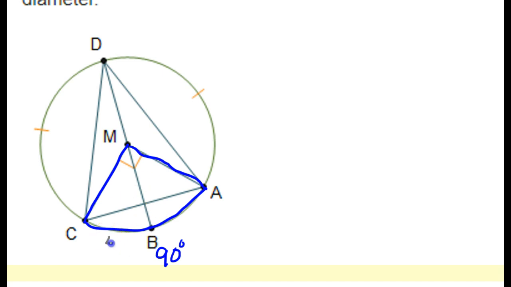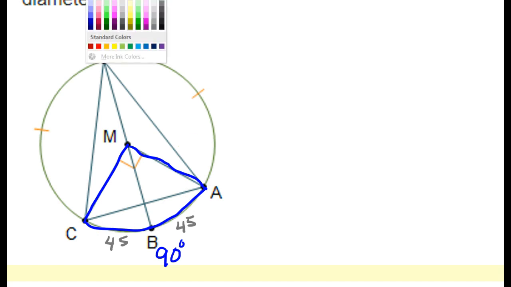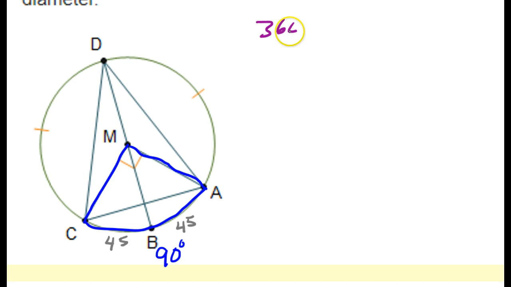So that tells me that this is going to be 45 degrees and this is going to be 45 degrees. Good to know. Now, the entire circle is 360 degrees. So if I start with 360 degrees and I subtract 90, what's that going to give me?